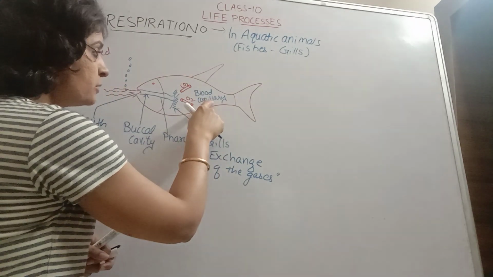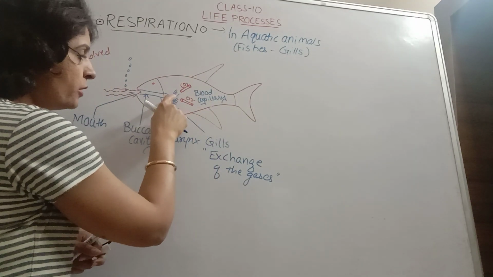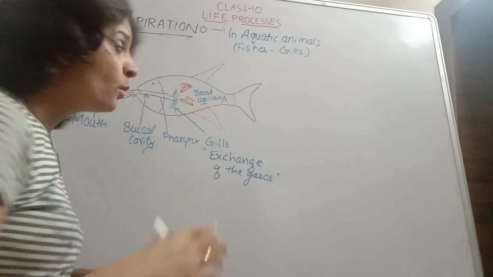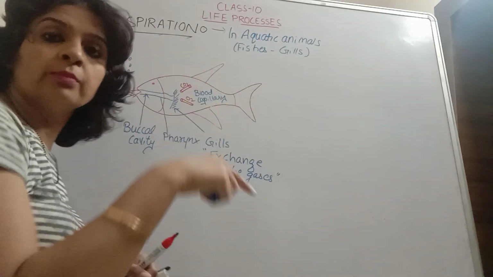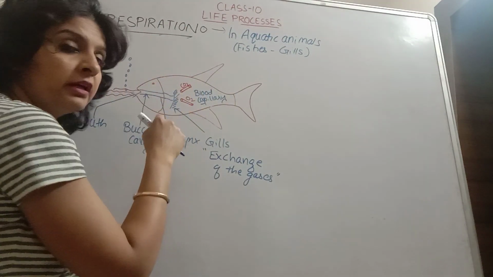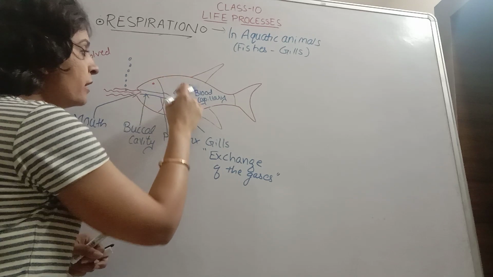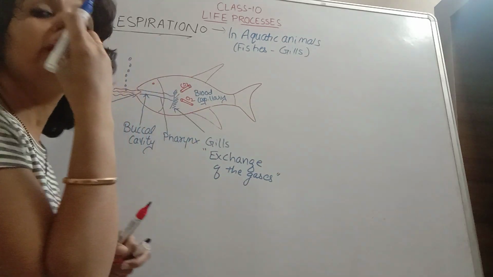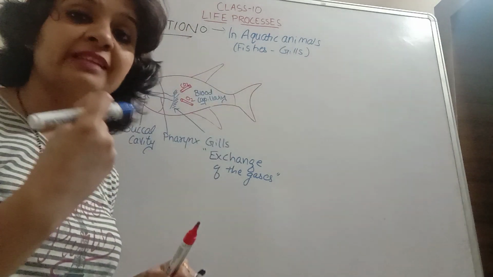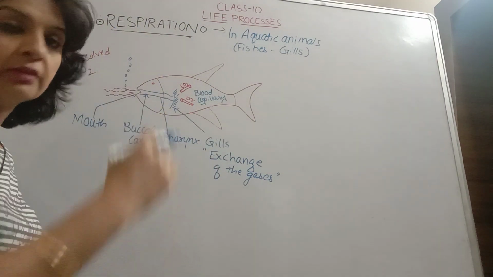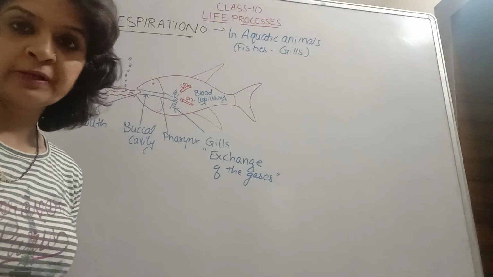The blood capillary will take oxygen and give it to the rest of the body, while the CO2 from the body will be given back to the gills. Either the air will be expelled out from the gills, or the mouth will expel the water which was taken inside, and in the form of bubbles the air will be released.